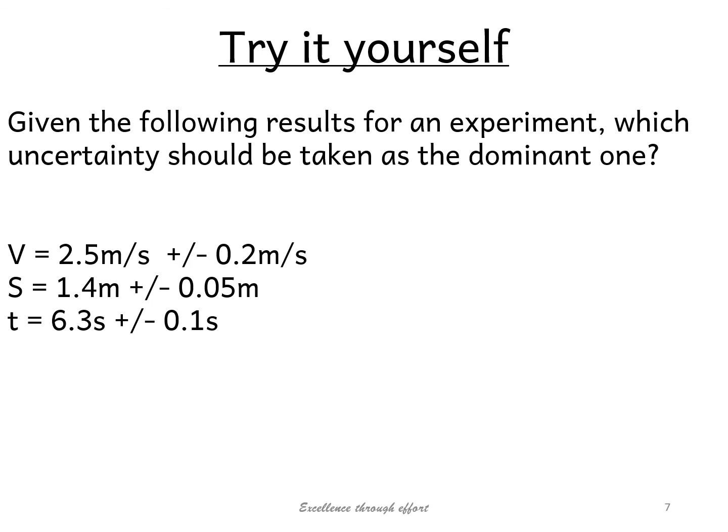Okay, given the following results for an experiment, which uncertainty should be taken as the dominant one? Pause the video, have a wee go of it, and then play it again, and I'll show you the answer. So the first thing I hope you realise you had to do was to convert it into percentage uncertainties. And if you do that, we get the following percentage uncertainties. Now, hopefully you didn't fall into the trap of trying to just compare the absolute uncertainties.